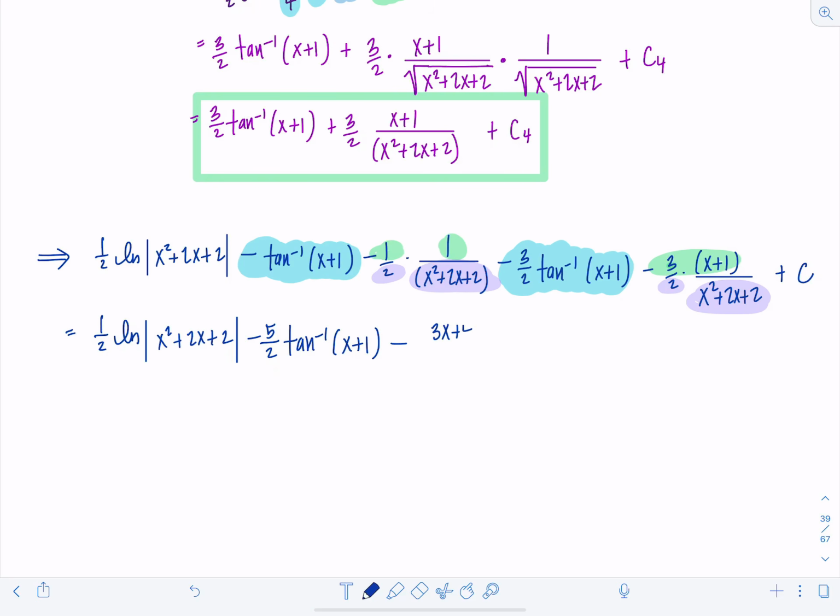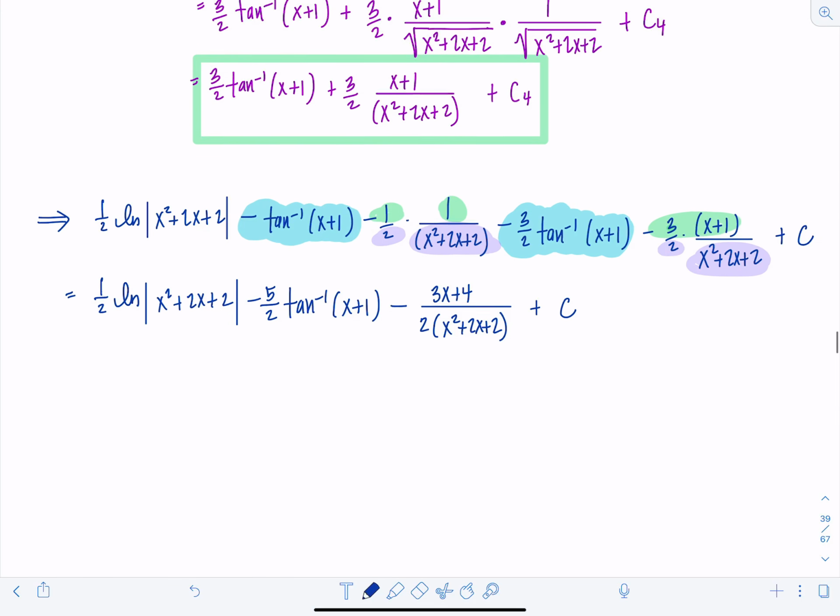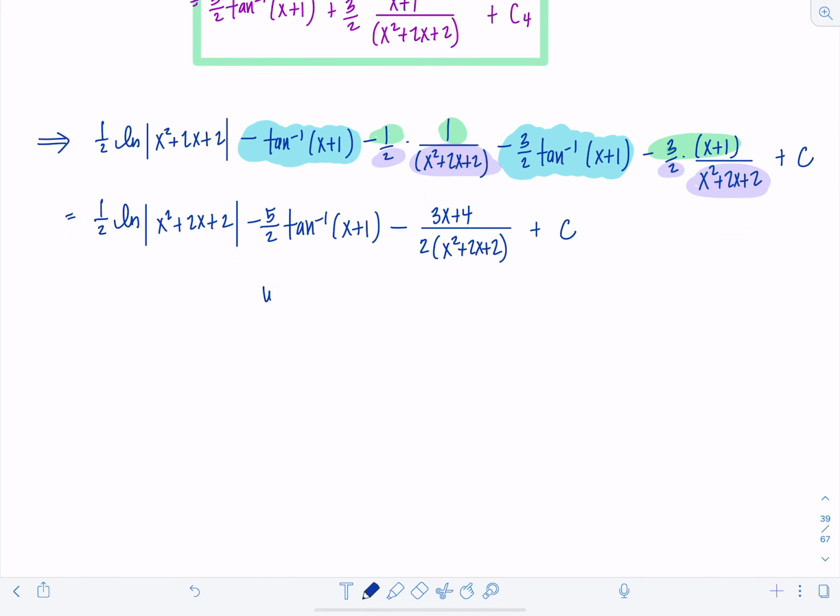I'm making them positive though because I factored the negative out. And then we have 2 times x squared plus 2x plus 2 in the denominator plus c. And then you got to let everybody know what c is, where c is equal to c1 plus c2 plus c3 plus c4.